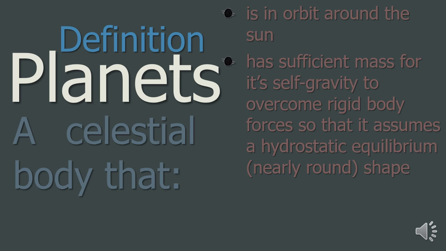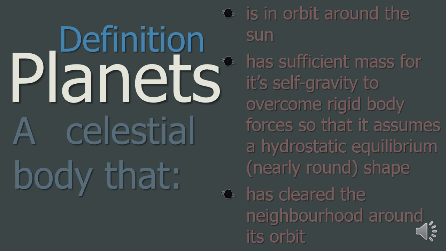This is the most complicated, but basically it means that the object is heavy enough for gravity to overcome its original shape and make it nearly round. That's what hydrostatic equilibrium means. The third point is that the planet, or the object, must have cleared the neighbourhood around its orbit. This means that there are not lots of little asteroids and other objects in the proximity of the planet's orbit.